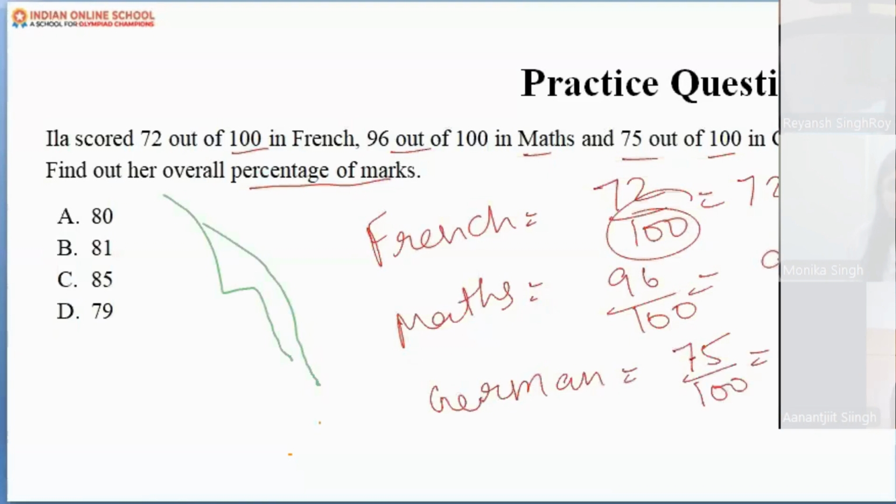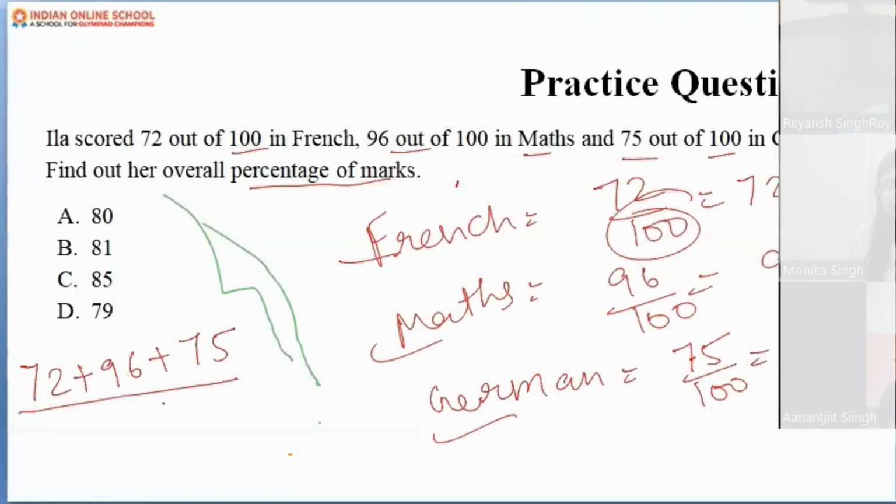That is 75%. Now we have to find the overall percentage of marks. So there are 3 subjects. We have to calculate the sum of these 3, then divide it by 3. So 72 plus 96 plus 75 divided by 3.